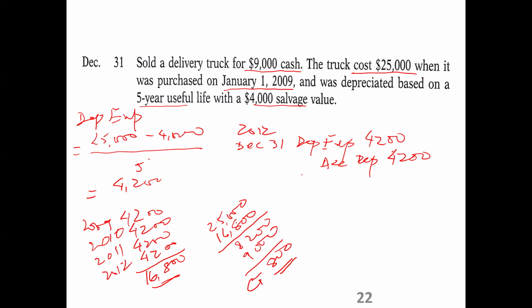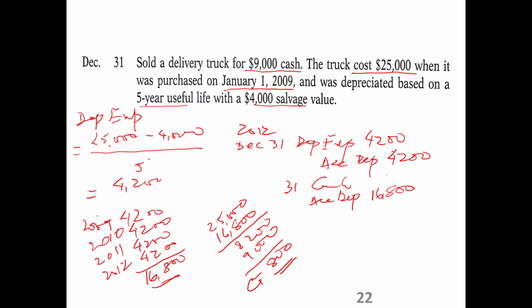Okay. So the next entry would be cash debit 9,000. We have accumulated depreciation debit by 16,800. Okay, I made a mistake here. This is 9,000, not 90,000.